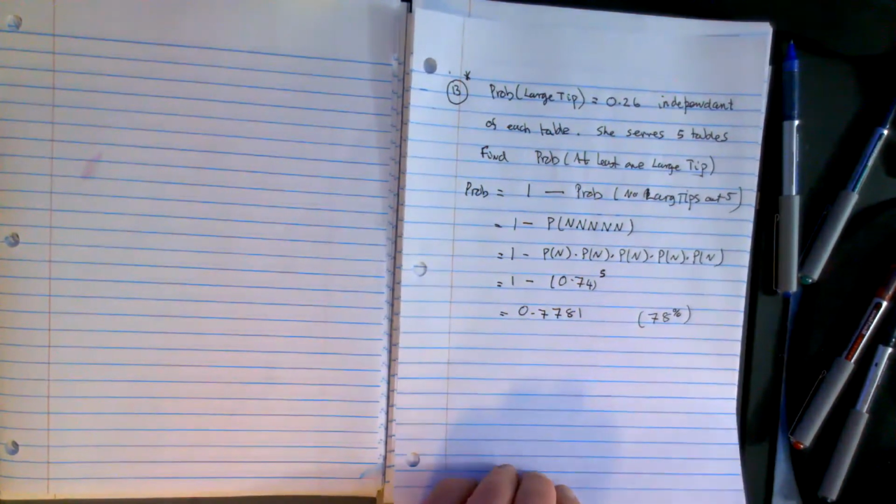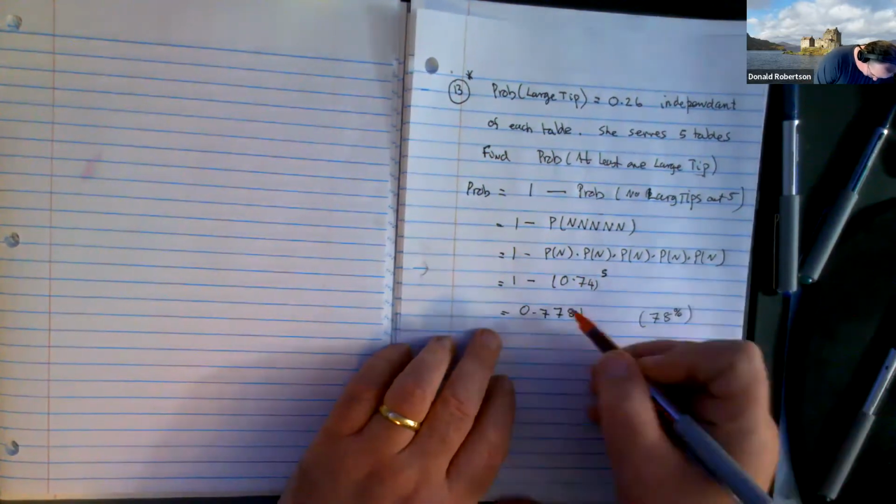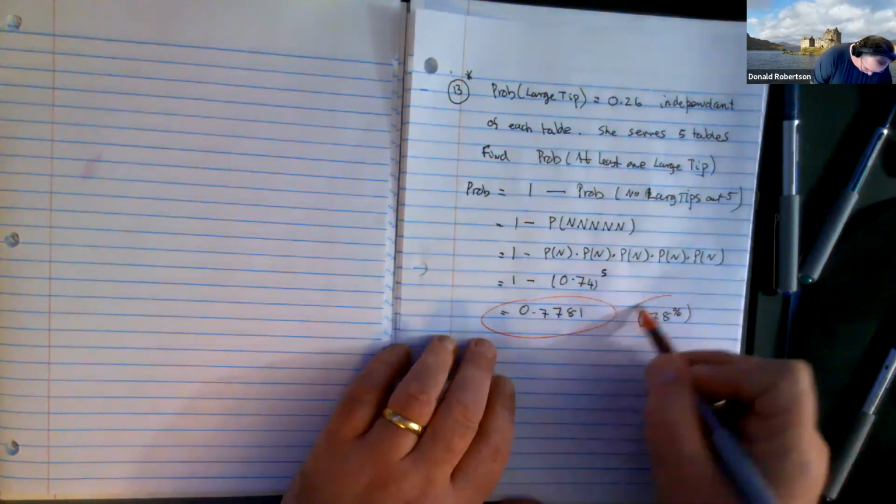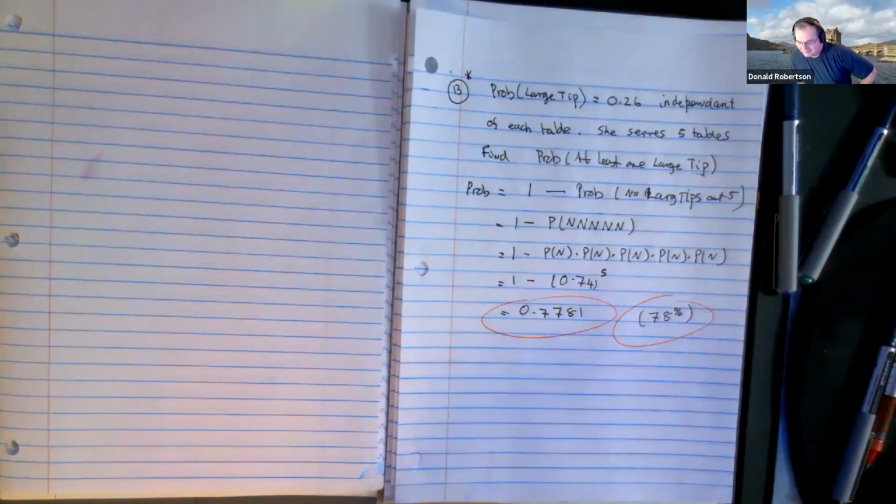So I have a question real quick. Yes, Tanya. Is the probability that at least 1 large tip 78% or is it 22%? The probability at least 1 large tip is that one. Oh, okay, 3/4 of the time she's going to get a large tip. So 25% of the time she's not.